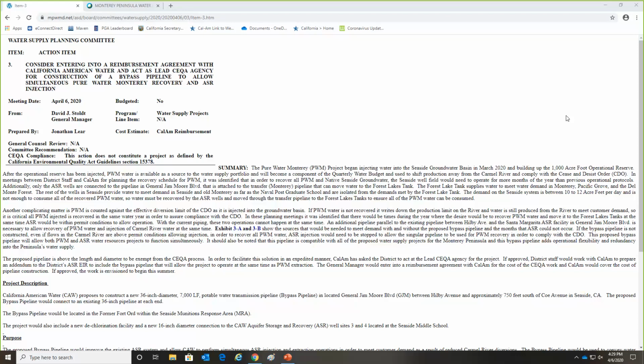And we spent some time for a while now with John Lear, and we went through all these different scenarios and modeled them. When we looked at everything that was facing us, it was a decision that this is the best way to secure the supplies that we will have available to meet demand.